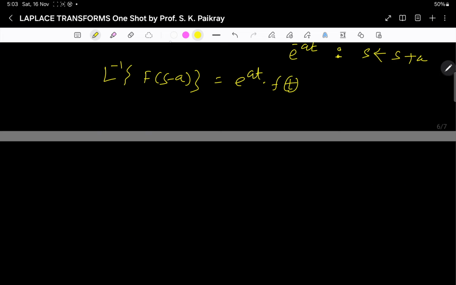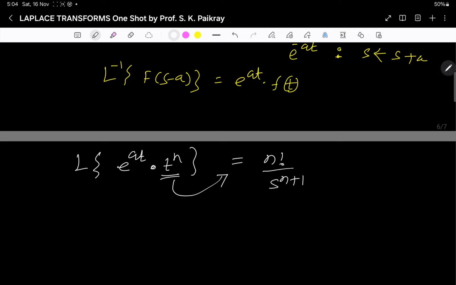If I ask what is L of e to the power at t into t to the power n, we find the Laplace of this. Laplace of t to the power n is n factorial by s to the power n plus 1. Now because of this e to the power at, we replace s by s minus a. Here we assume n is a positive integer.